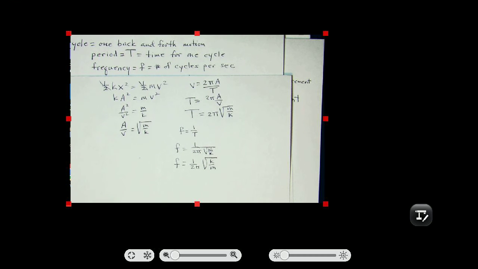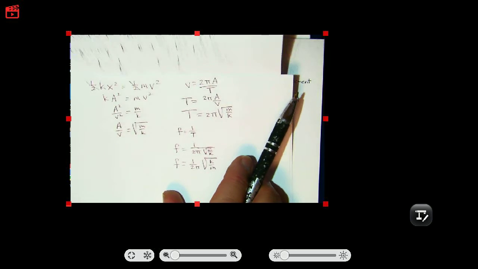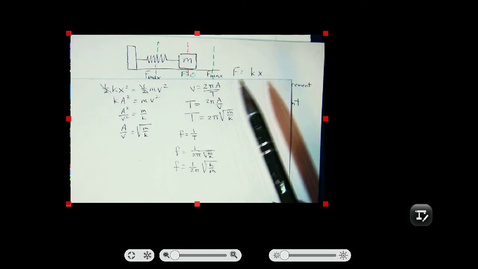I'll give you a moment to catch up since I started writing off of the screen here. Here's the way I typically remember these, and you're not going to have to memorize these equations for the exam. We've got a spring here with a mass attached.